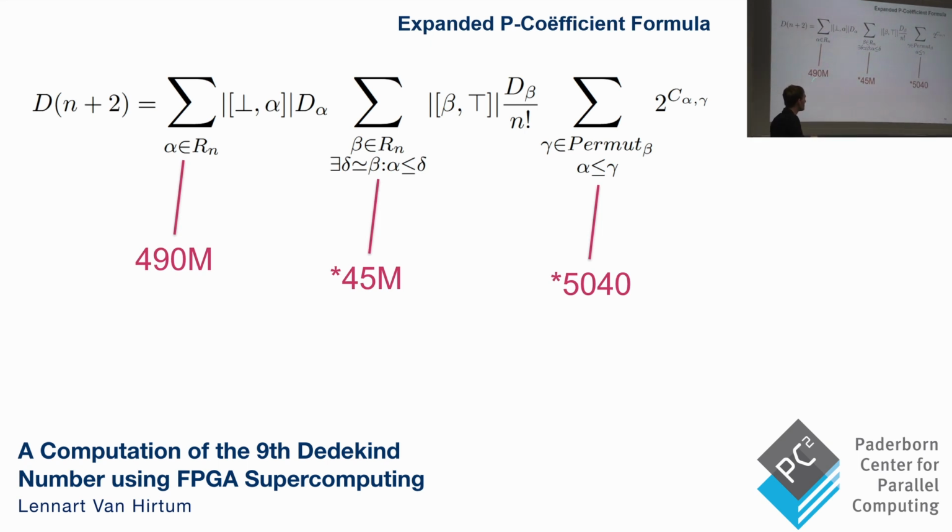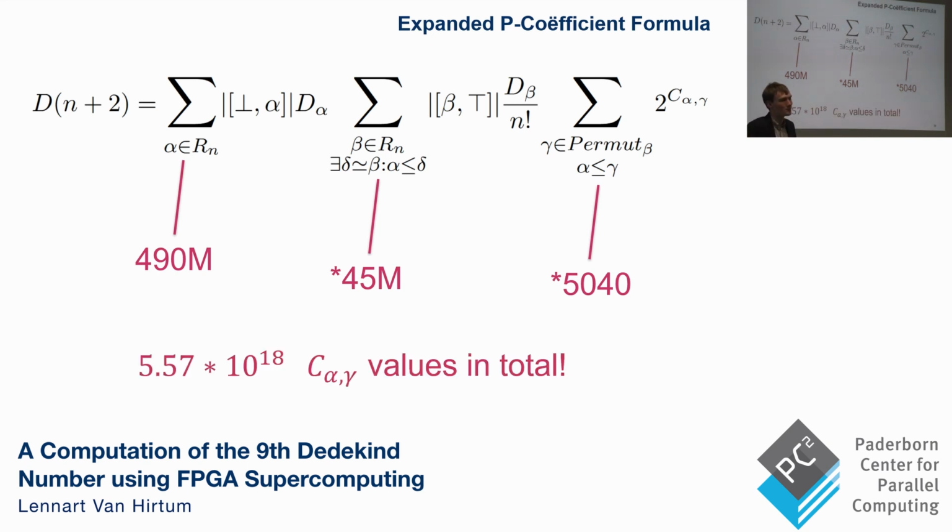For every single one of these, we have to iterate over 45 million, this is with the deduplication, betas that may have a bottom below alpha. And then we have to iterate through all 5040 permutations for each of these betas. So the total amount of work we have to do is 5.6 times 10 to the 18th.